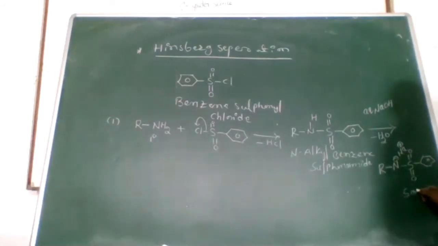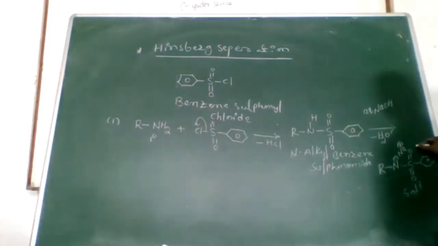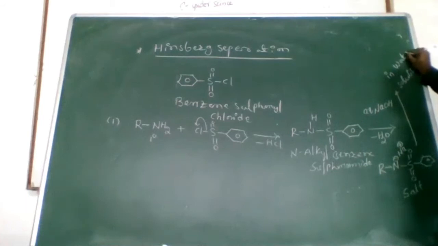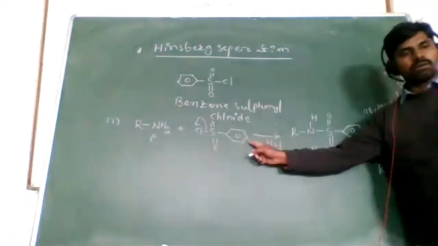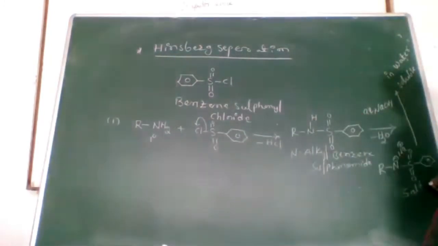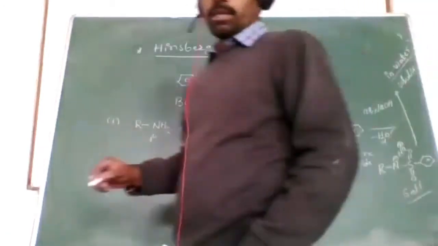This salt is soluble in water. So when the primary amine reacts with the benzene sulfonyl chloride and with the aqueous NaOH, the salt that forms dissolves in water. This is the primary amine separation.